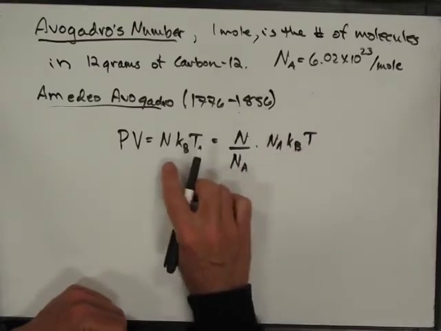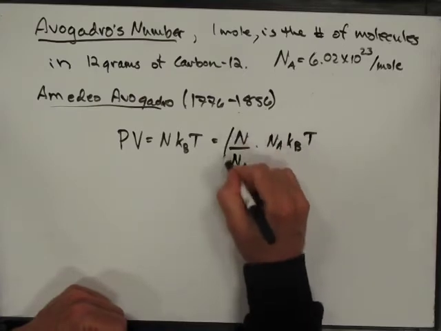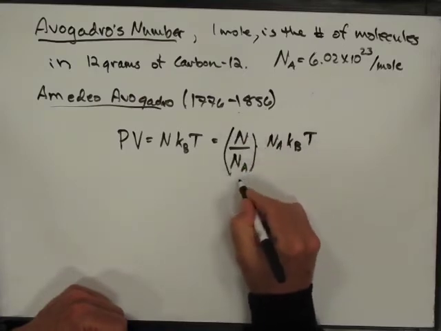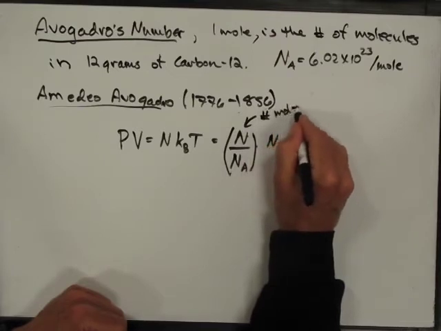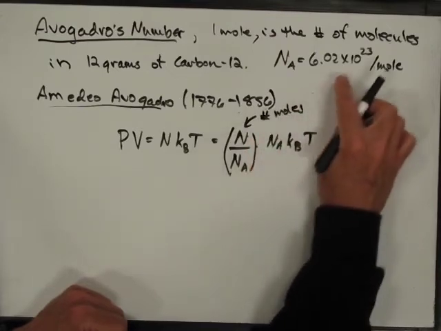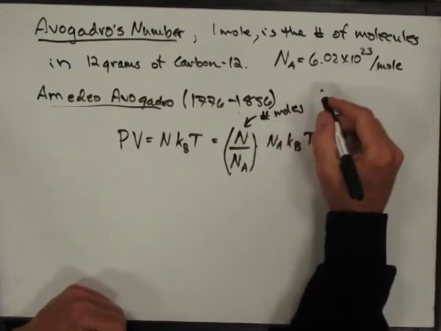I haven't changed the value because I've divided and multiplied by Avogadro's number. This is just the number of moles. If this is half as big as that, then I get 0.5. If this is twice that, I get 2, and so on.